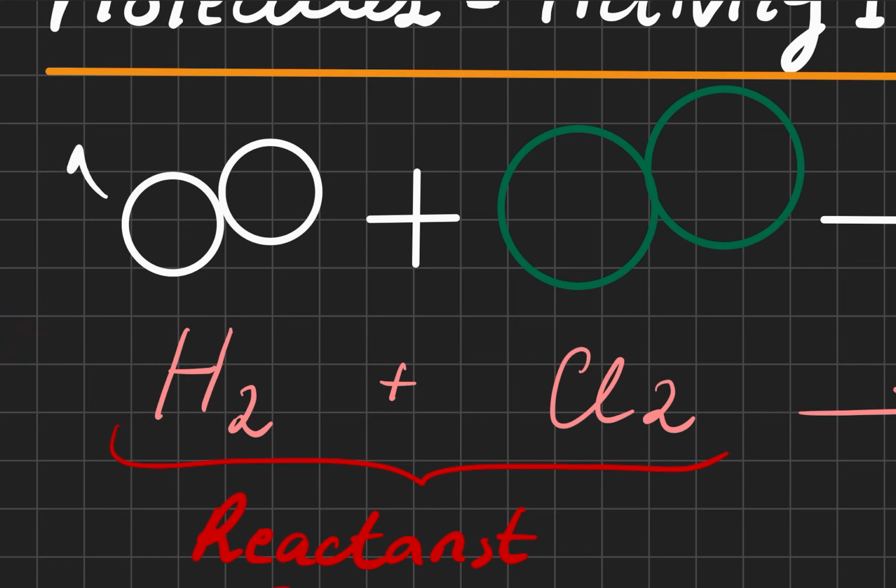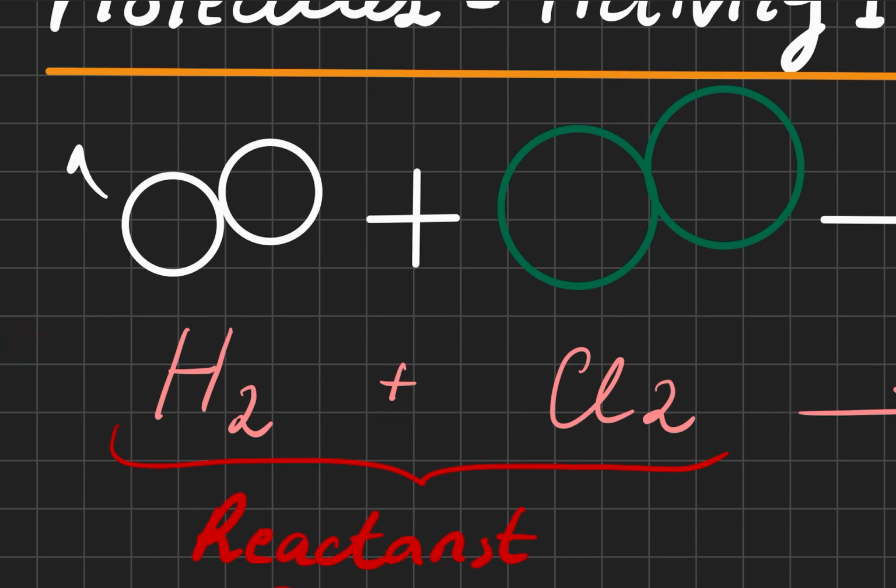Whereas this chlorine molecule contains two chlorine atoms. Again, let's go to the periodic table. Where is the chlorine? Let's find the chlorine. Chlorine is here. Chlorine has a Z equal to 17. So it contains 17 protons and 17 electrons.